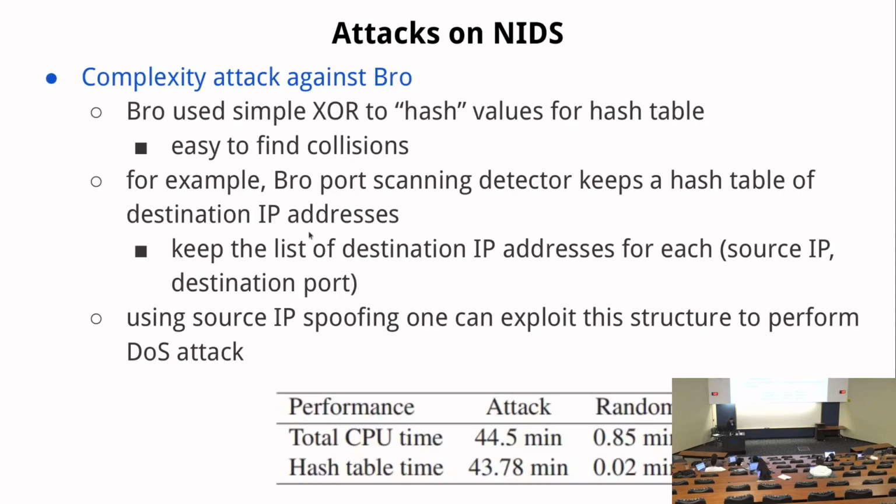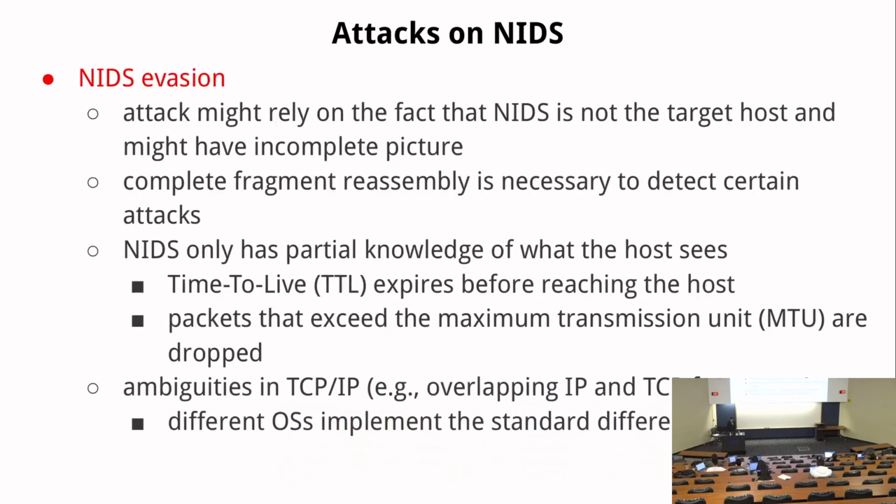Because of that, there were some attacks on the intrusion detection system itself. Basically, attackers were able to do a DoS attack on Bro. So Bro would just run very, very slow.